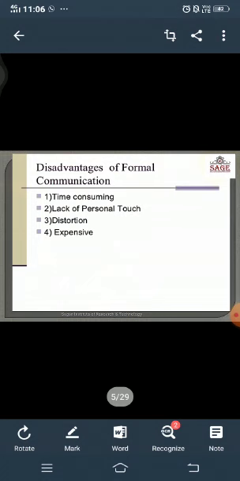But if he has to follow a formal channel, he will recommend the name, it will go to the regional office, then state office, national office, and the appreciation letter will come from the head office, which is far away from your office, and they don't know you personally, but you will be getting a letter in this way. So the personal touch is missing in this kind of formal communication.